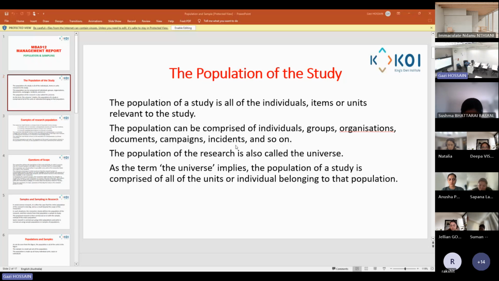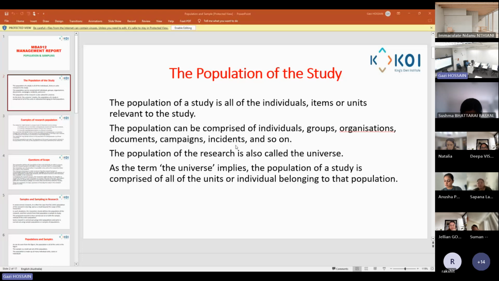But when we have a research title like job prospects of international graduates from Australian universities or Australian higher education institutes, then all the graduates, for example 500,000, will be our population.